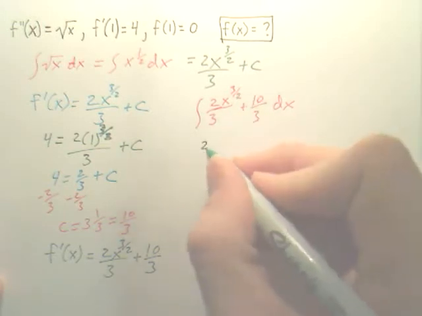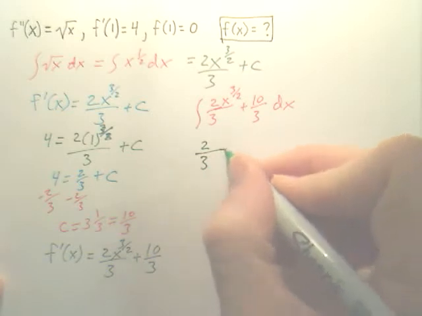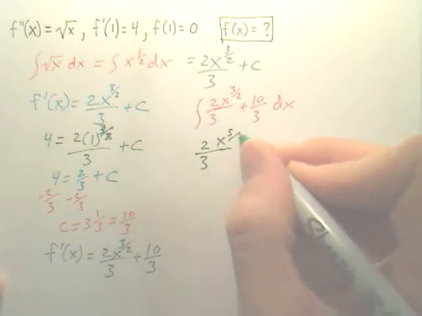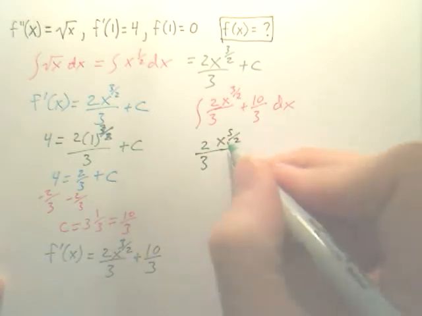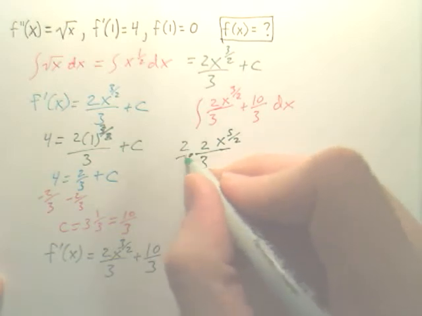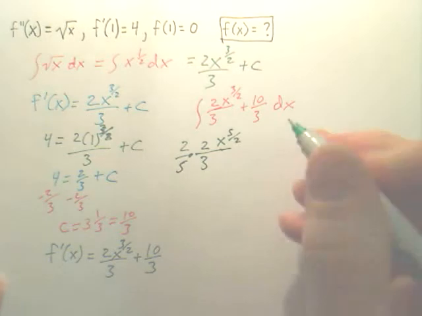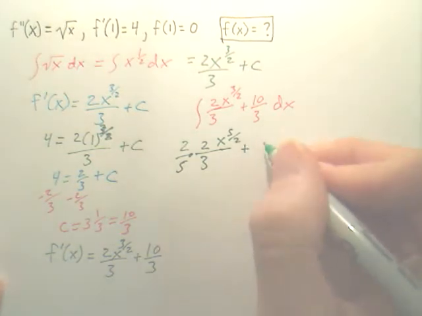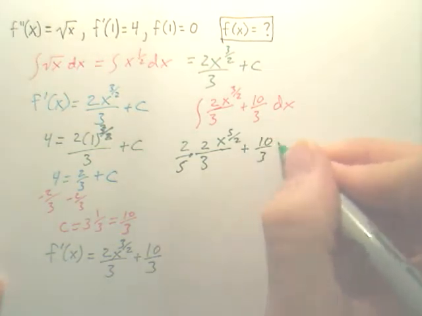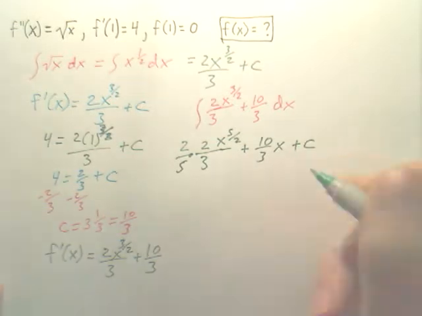We now have the 2/3, but it's going to be x to the 5/2, and then we divide by that, which ends up being multiplying by 2/5. Plus, we just add an x to that, plus c.